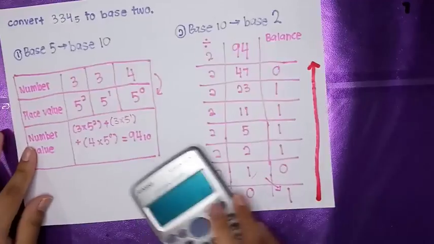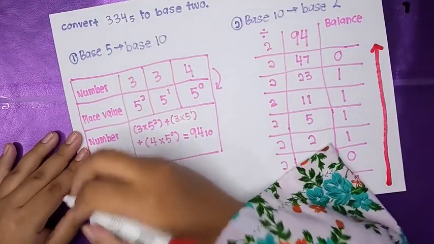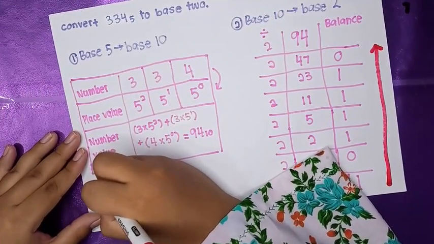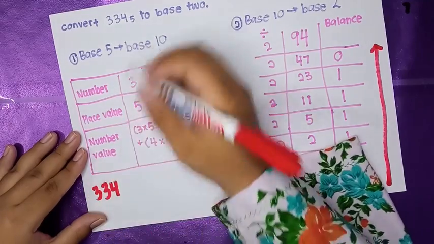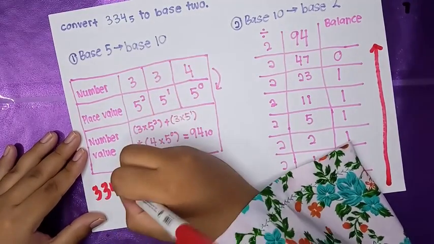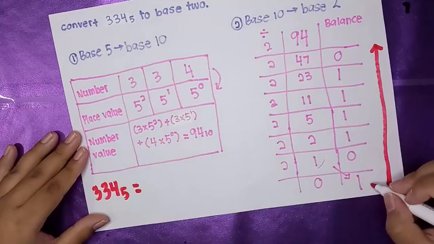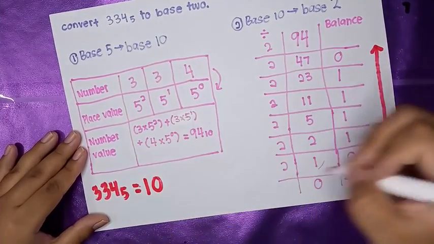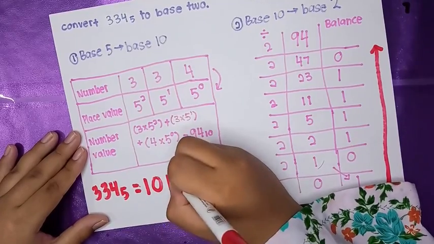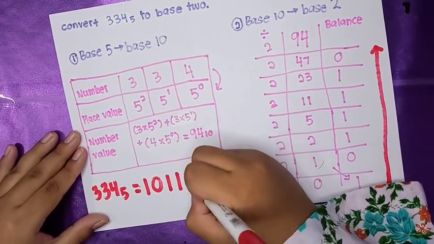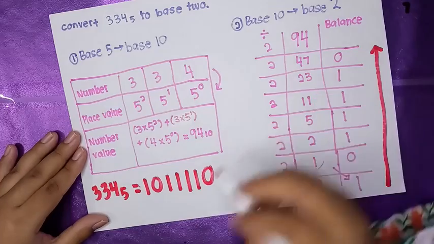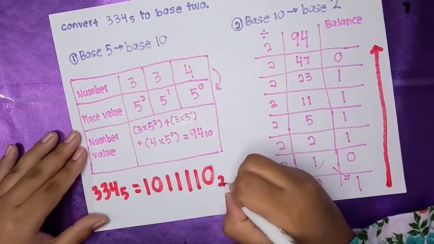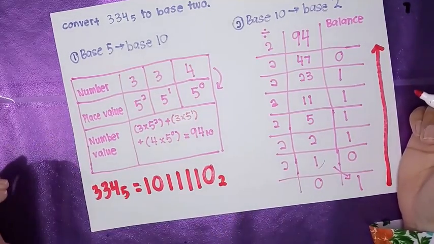And then the final answer is 334 base 5 equal to 1011110 base 2. Okay, that's all.